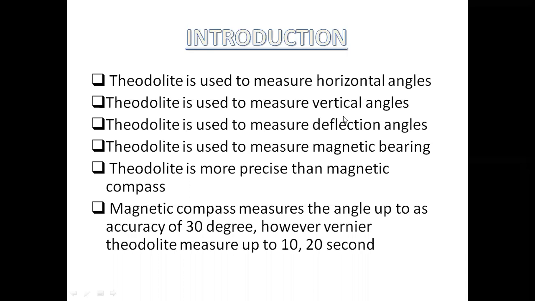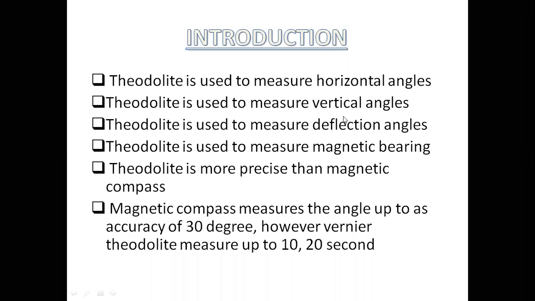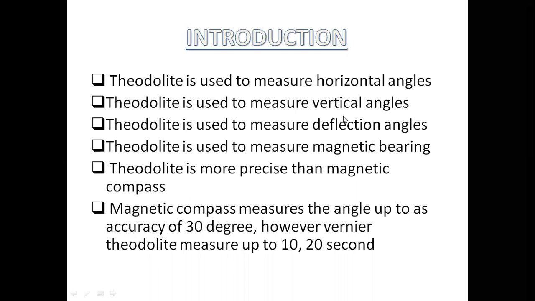A compass can also be used, but a compass doesn't give that precise a measurement. By using a compass we can measure angles of 10 degrees, 20 degrees, but for precise measuring of an angle in 10 seconds or 20 seconds, we need to use the theodolite.